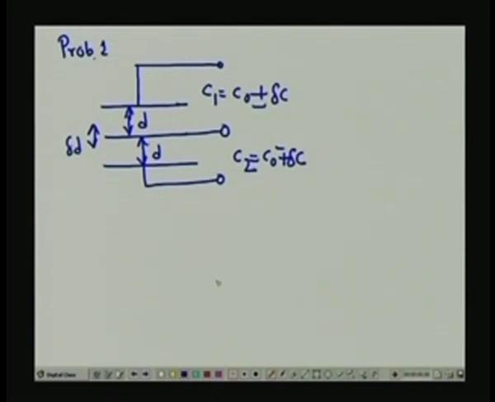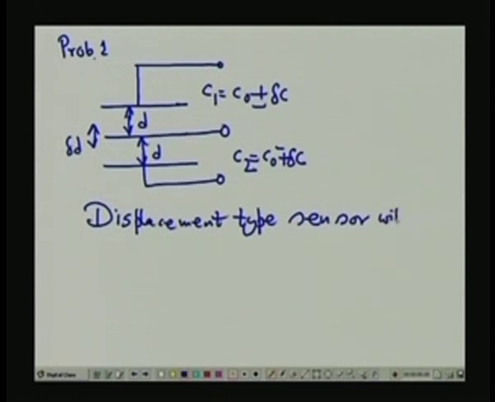If I draw the equivalent circuit of this one, it looks like this. Our goal is that this is a variable area, a displacement type sensor, with differential output.